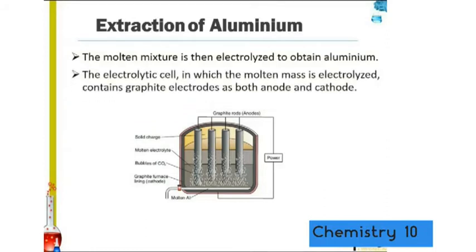Within the cell, there are graphite electrodes, which are inert electrodes that act as both the anode and the cathode. Through this electrolytic conversion, we get pure aluminum and bubbles of carbon dioxide as a byproduct.